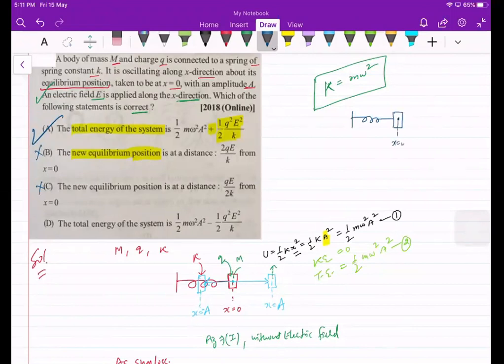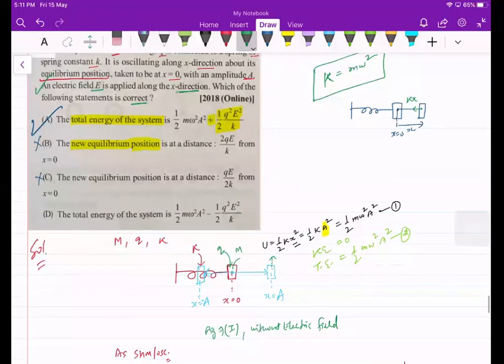If this is x0, at some x location the body will have a restoring force kx, and this restoring force kx will give F net in the body, causing oscillation about x0.